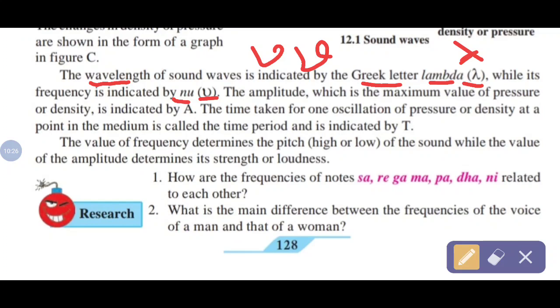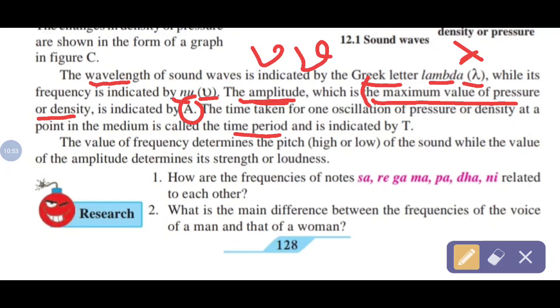Next, define the amplitude of a sound wave. Mark the definition from here. The maximum value of pressure or density is called amplitude, and it is indicated by the capital letter A. Next definition, time period of a sound wave.